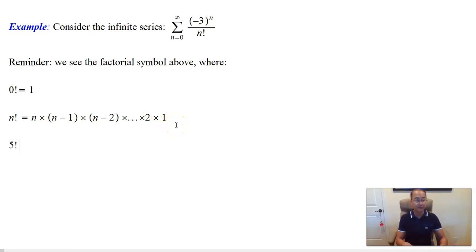So for instance, 5 factorial is 5 times 4 times 3 times 2 times 1. Obviously it's irrelevant to put the 1 there, but just for the sake of completing the definition, we'll put it there. So 5 times 4 is 20, times 3 is 60, times 2 is 120.